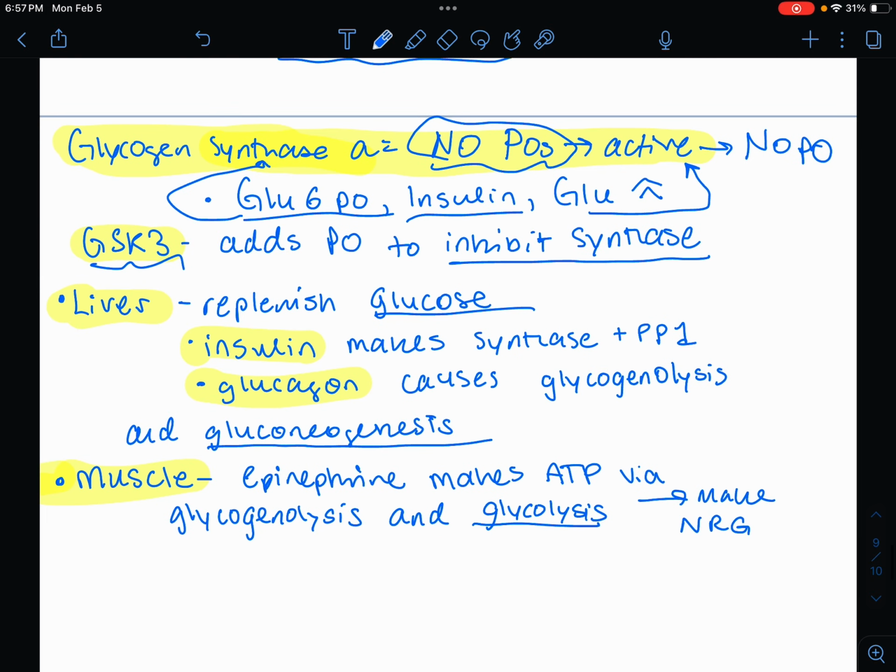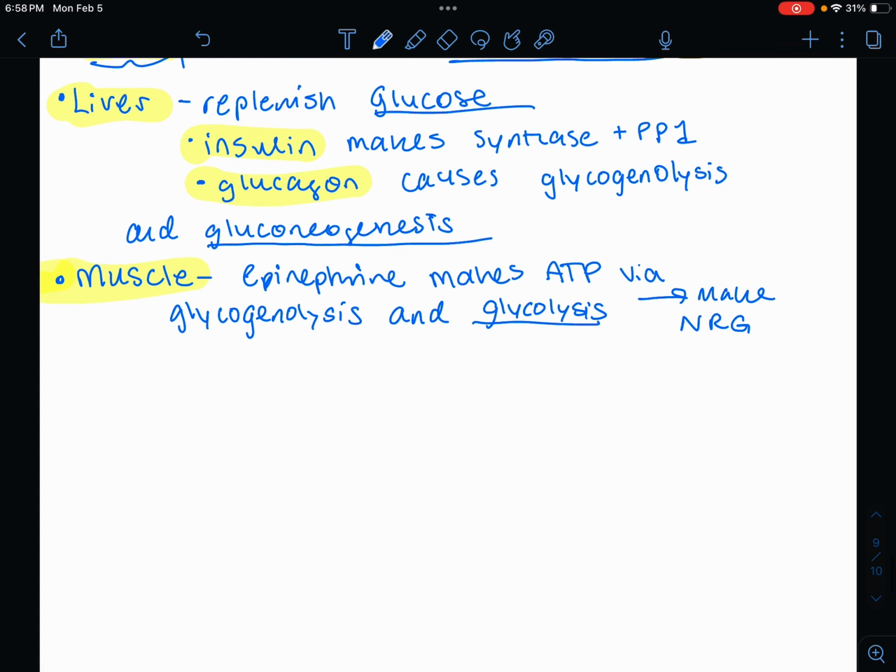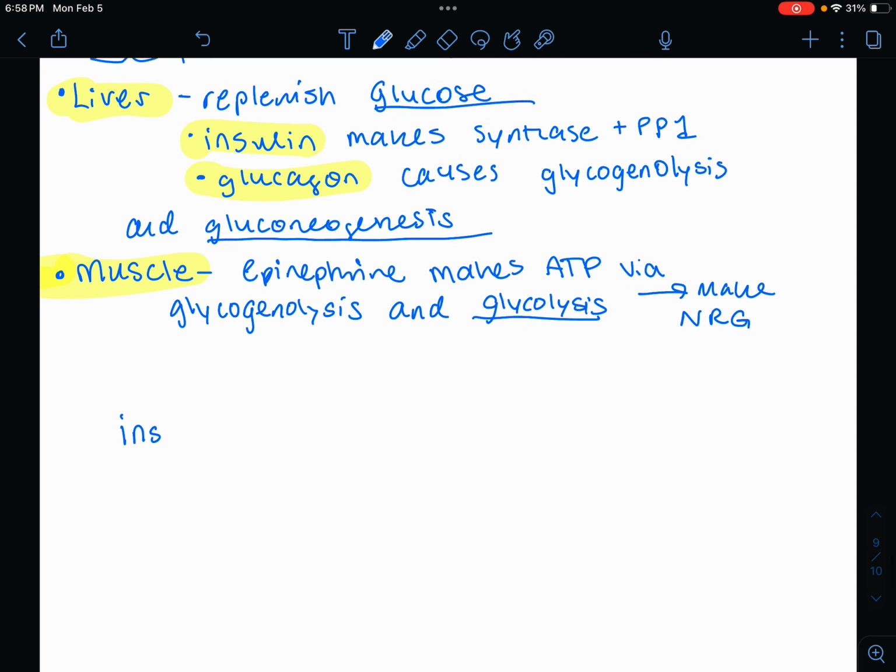So, a summary here. In the liver, we're going to replenish the glucose there. So insulin will activate glycogen synthase by inactivating GSK3, and it will also activate PP1. So let's draw this out. Maybe it might help. So insulin will activate glycogen synthase. In order to activate glycogen synthase, we are going to need to, again, remove the phosphates off of it.